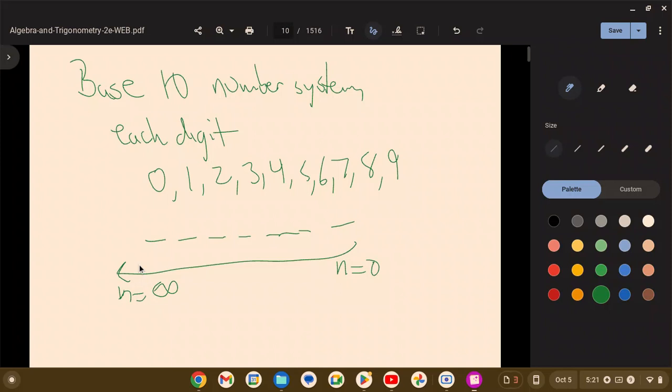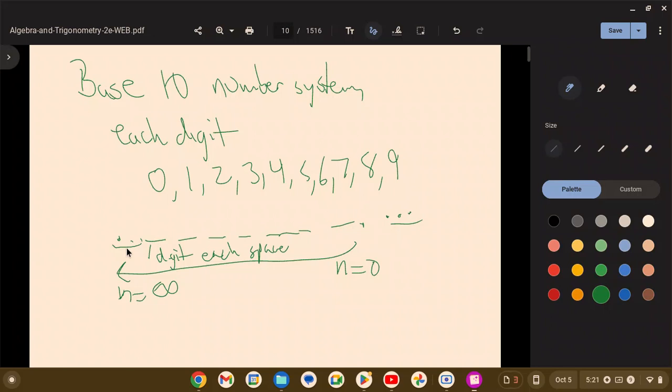So as it goes on, each of these spaces can hold one digit each. Dot, dot, dot. That's the way I think about it.